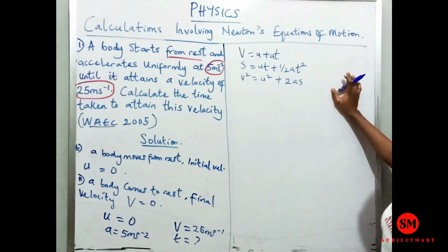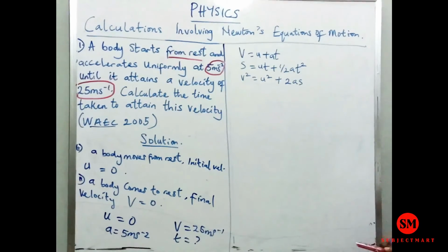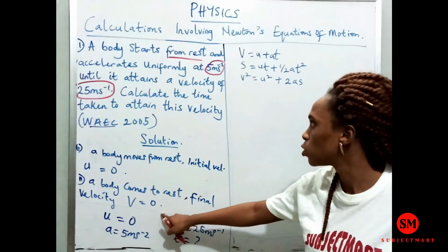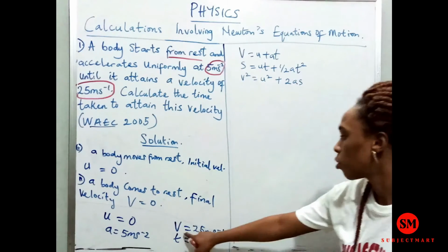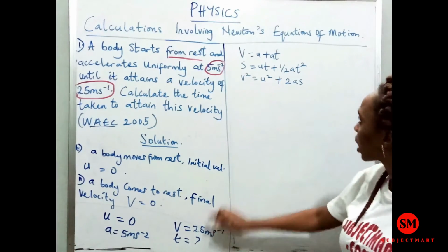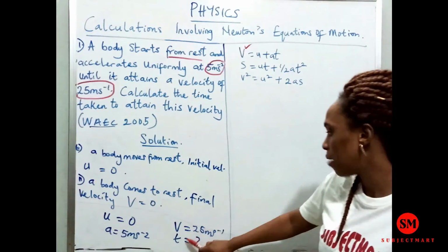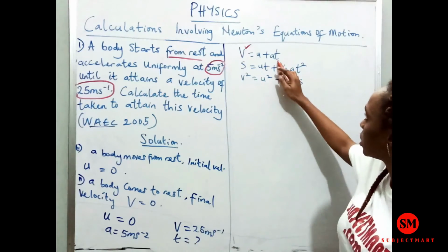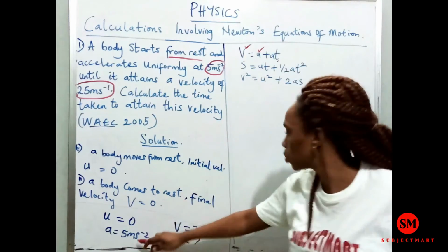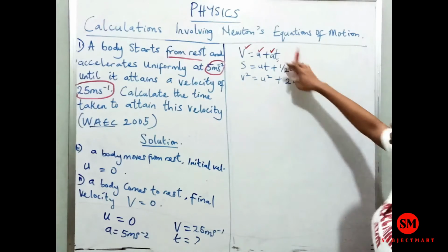So with this, let's find out which one of them will be applicable. So from our question here, we have v to be 25 meters per second. So we have our v, we are given v. Do we have t? No, we are looking for t. Do we have u? We have u. We have a.